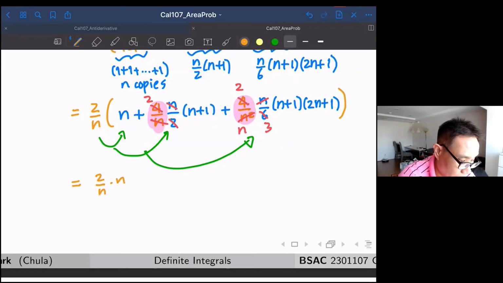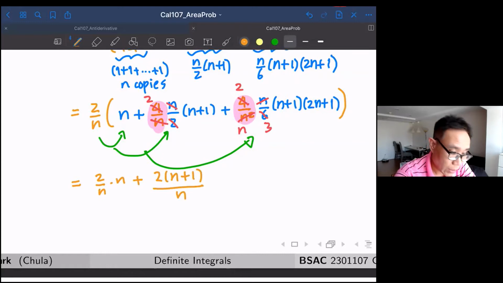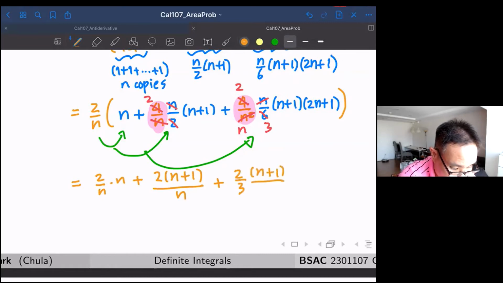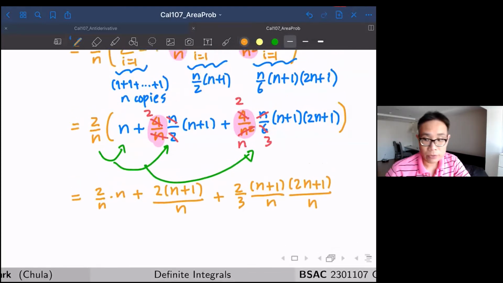And the second term is 2 times (n plus 1) over n. The last term you get 2 thirds, times (n plus 1) over n, times (2n plus 1) also over n. Okay, so this is how we obtain this calculation.